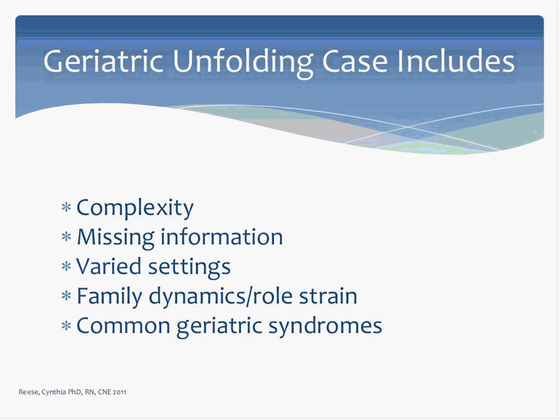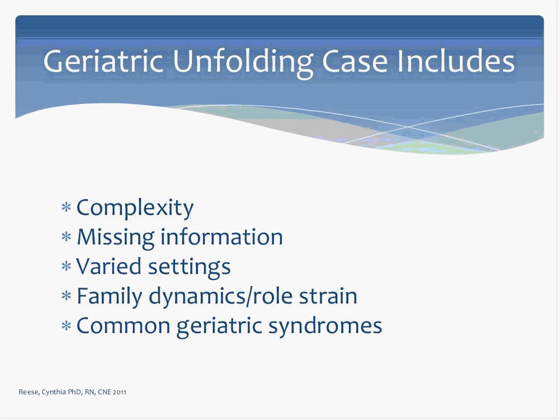Each of the geriatric unfolding cases, you can see here what we've included. We've included complexity, missing information, so the student would have to look for additional resources, and various settings. We have a family issue in each.